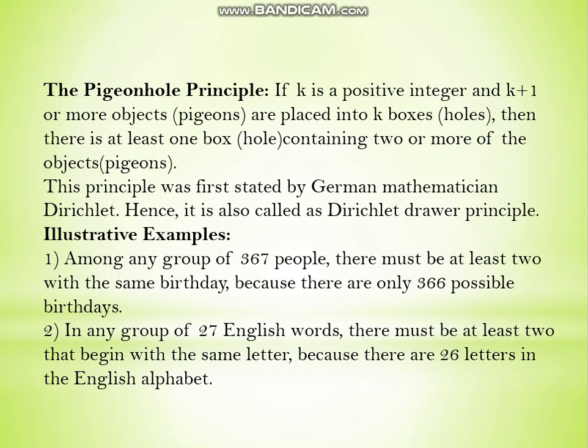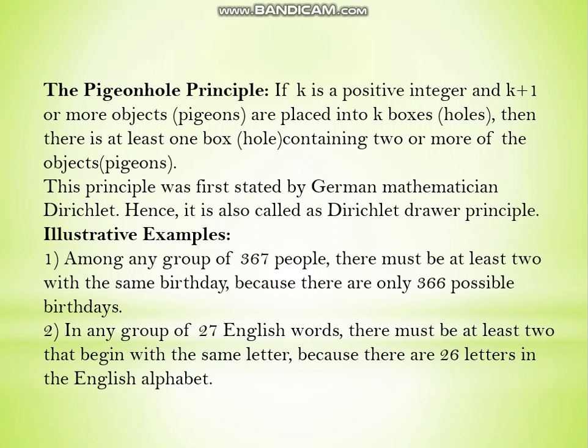For example, we have 26 boxes of the English alphabets from A to Z. So if the word starts with A, it will go to box A. If the word starts with B, it will go to box B, C, okay, till Z.